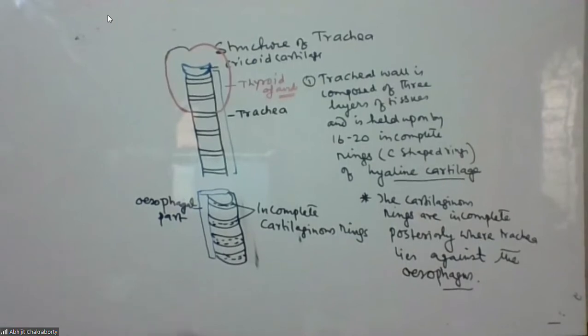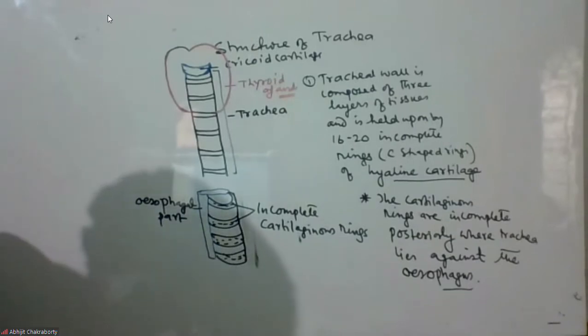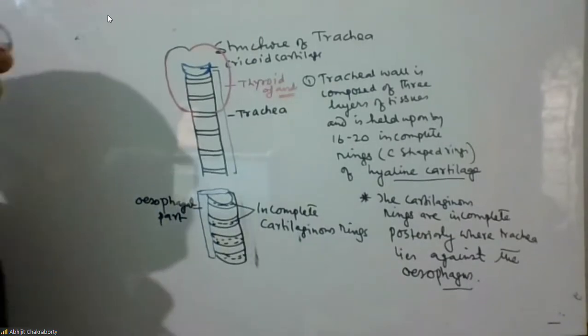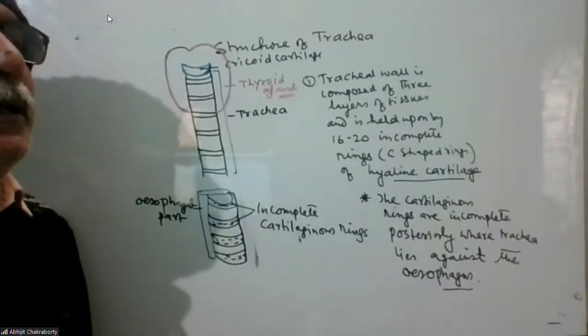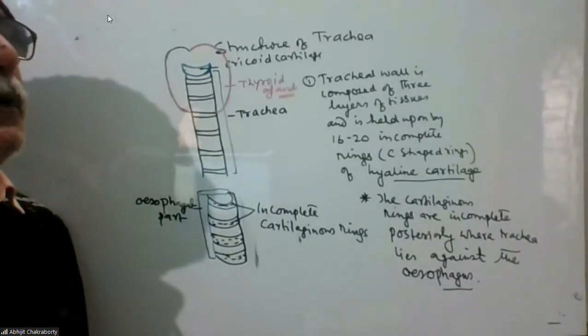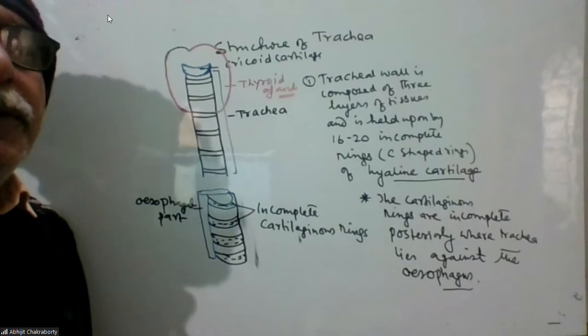Is it clear to you? Incomplete cartilaginous rings of the trachea protect the trachea from collapsing.